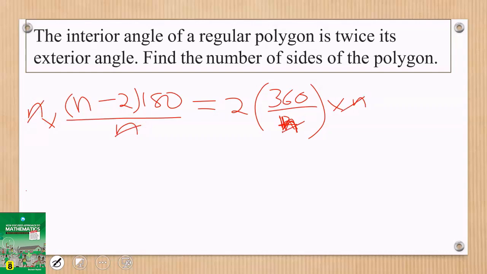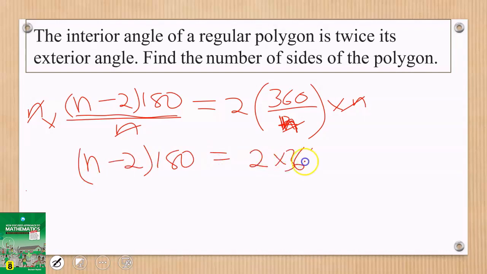Before then, hold on to this. Let me write n minus 2 times 180 equals 2 times 360. After cancelling the denominators out, this is what we have, right?